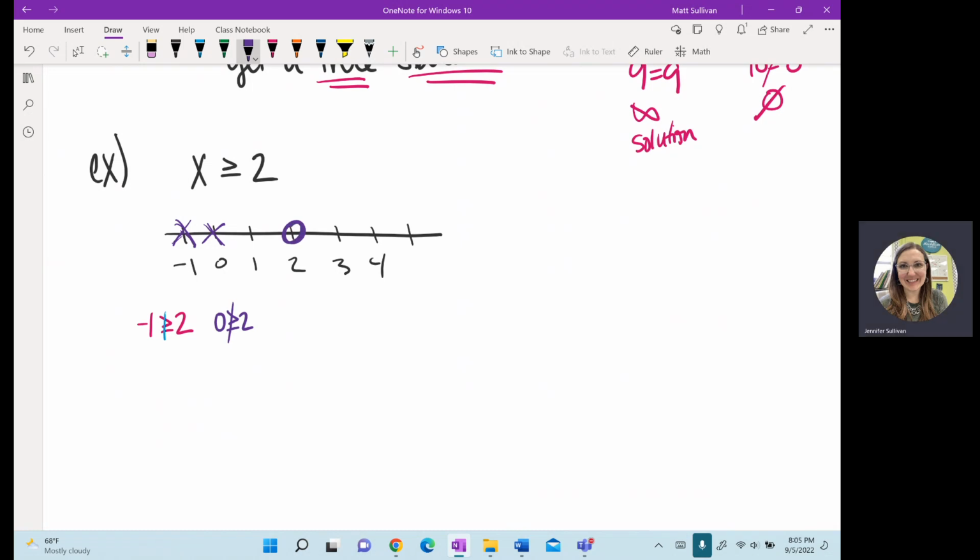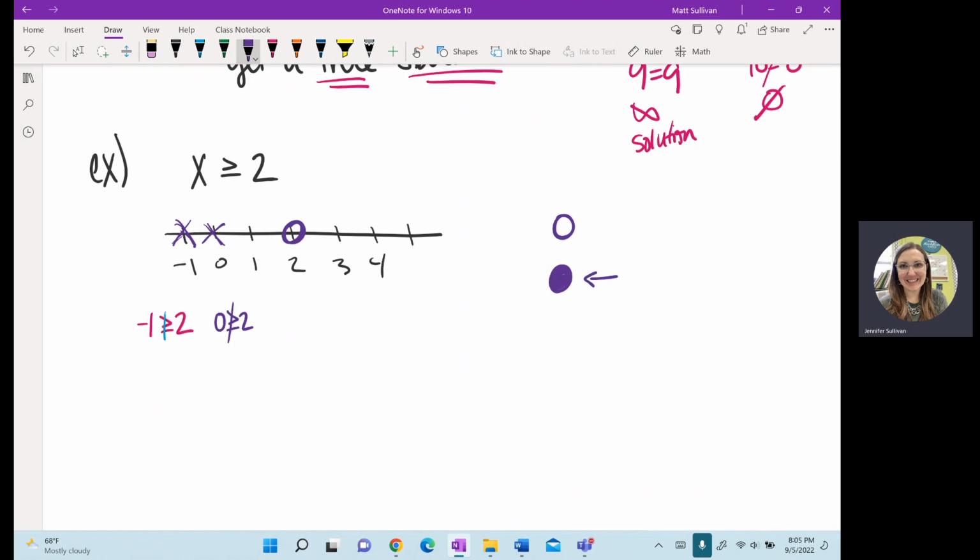But when we're talking about graphing inequalities or graphing solutions, we have two things that we can use. We can use an open circle on our number line, or we can use a closed circle on our number line. And it's important to know what this means.